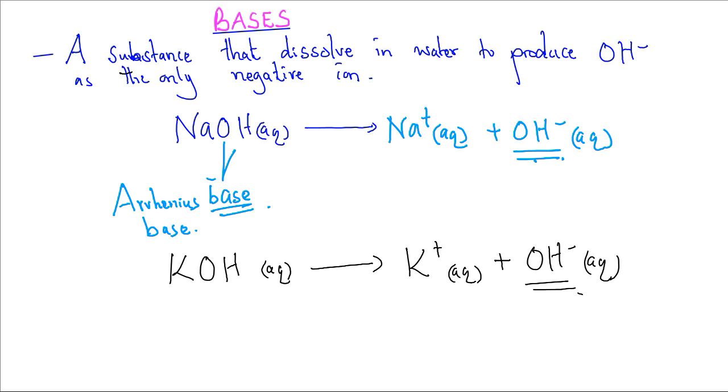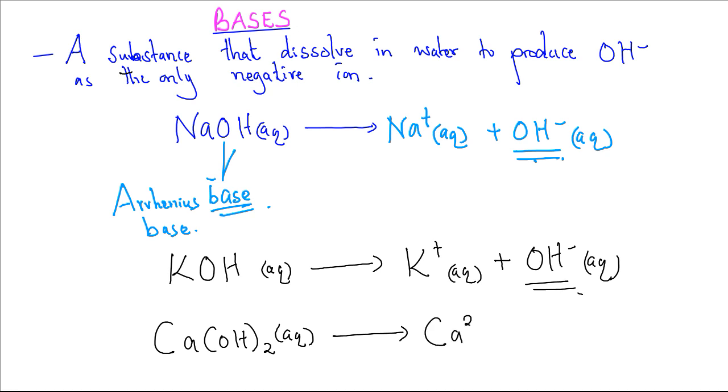Another good example that we can talk about is calcium hydroxide. This ionizes to give calcium ion and 2 hydroxyl ion.